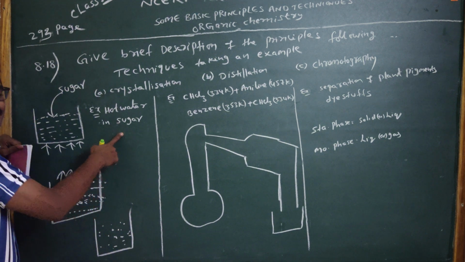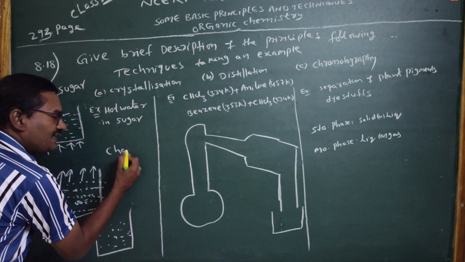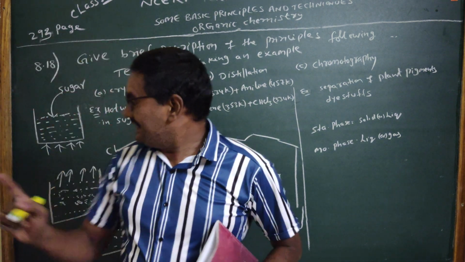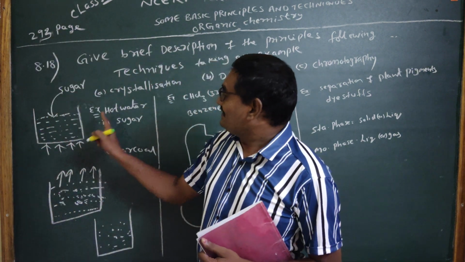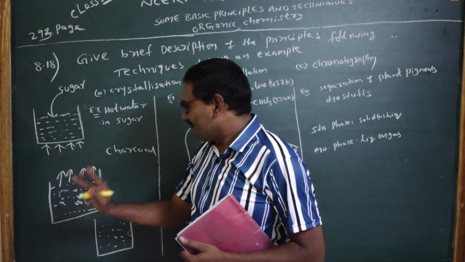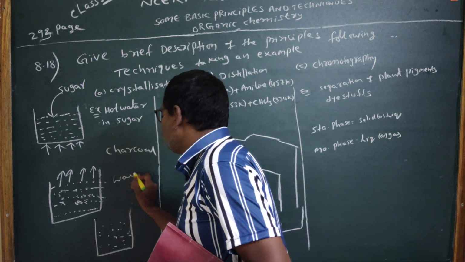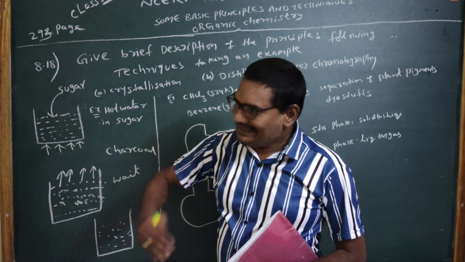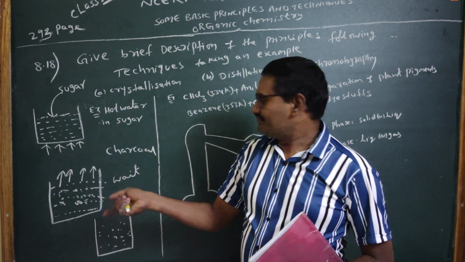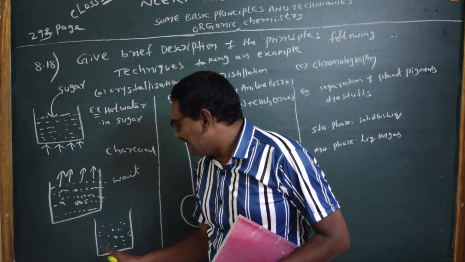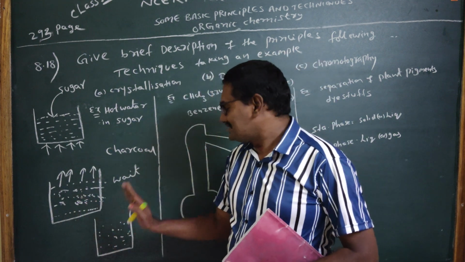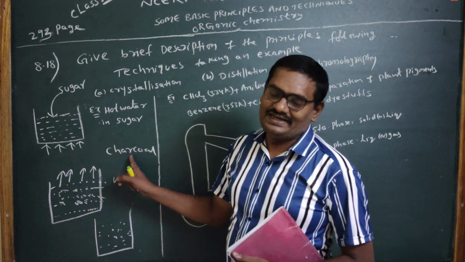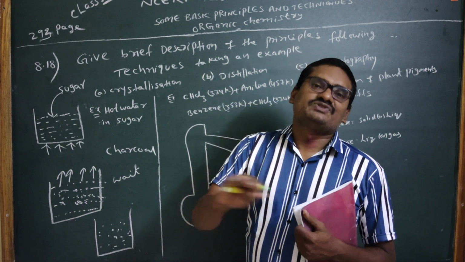For example, in the sugar industry, charcoal is added to remove the color of sugar. So first, sugar in hot water, then wait for some time and the water is evaporated, and it is repeated again and again. Finally the sugar crystals are present in the beaker.